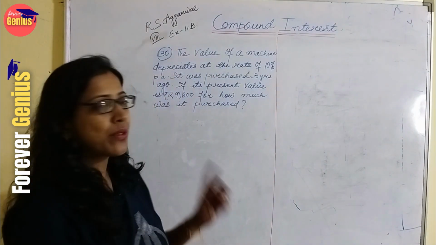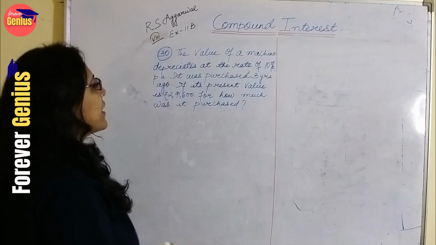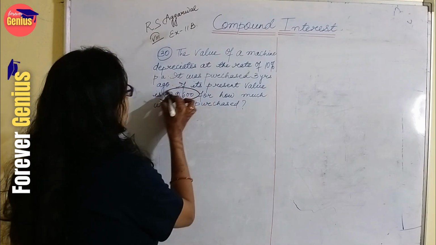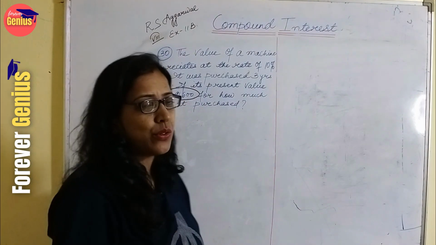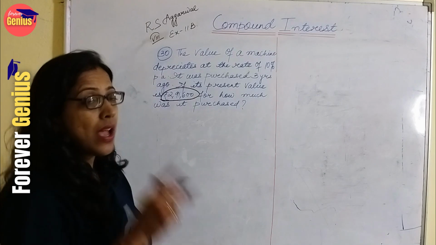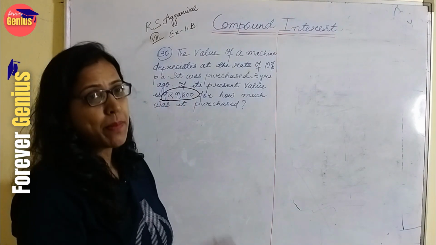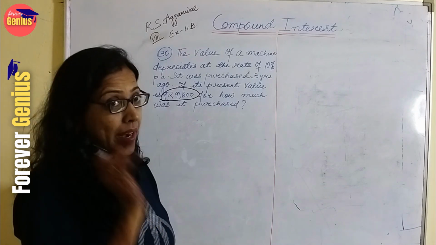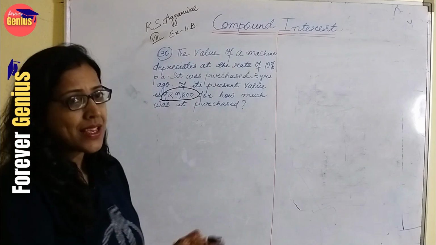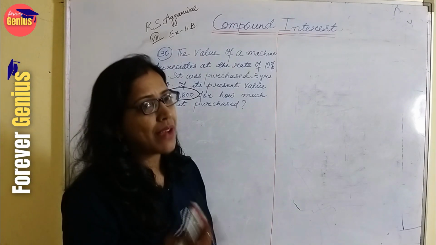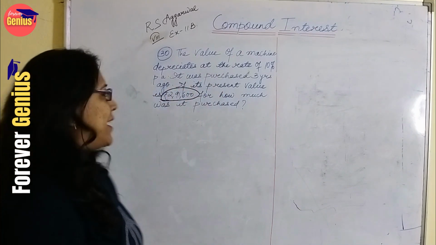So the point here lies in that the amount is being given to you, because after 3 years of depreciation, whatever the value is, that will be our amount. And what is missing? Missing is the principal, the original value, which has to be more. Here the amount is less, whereas the principal value is more because the machine depreciates.